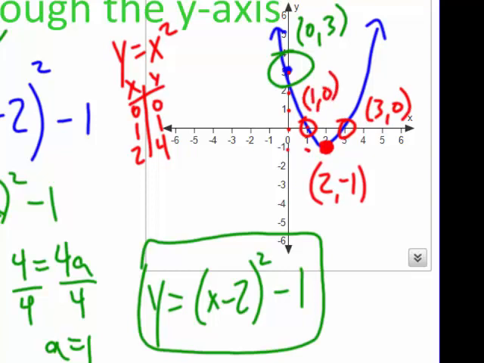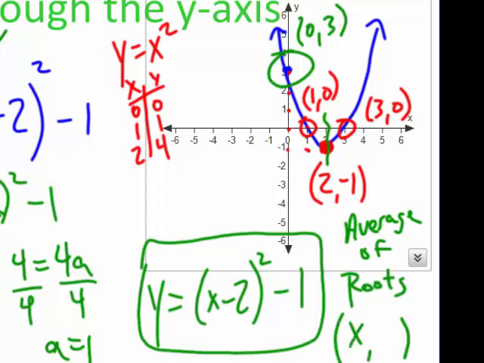So what do I notice about the vertex compared to the roots? Yeah, it's right in between. It's like the midpoint of the roots. It's like the average of the roots. So the x on your vertex is the average of the roots.